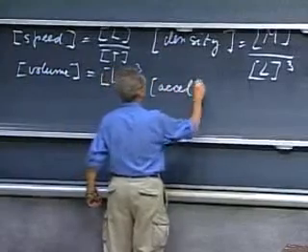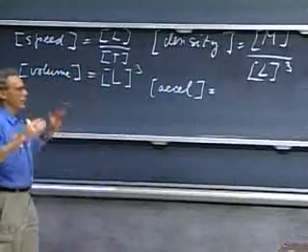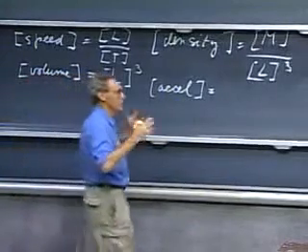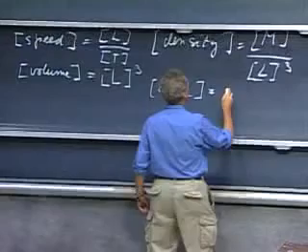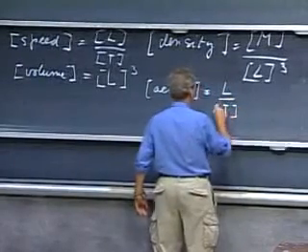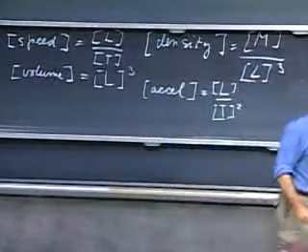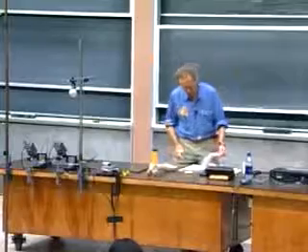We will deal a lot with acceleration. Acceleration, as you will see, is length per time squared. The unit is meters per second squared. So you get length divided by time squared. So all other quantities can be derived from these three fundamental.